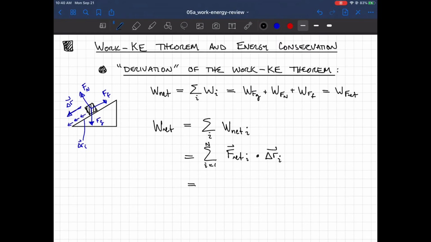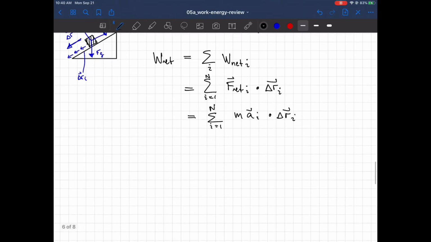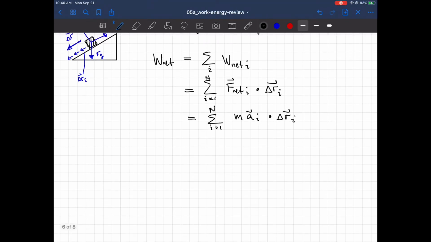Now what is the net force? Well, the net force by Newton's second law I can write as the mass times the acceleration at that little segment i, dotted into the delta ri. Now I could do this completely general.